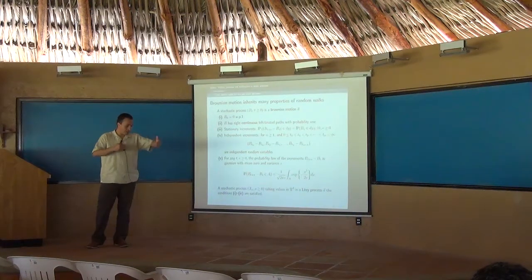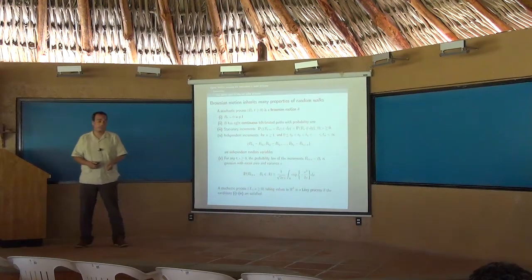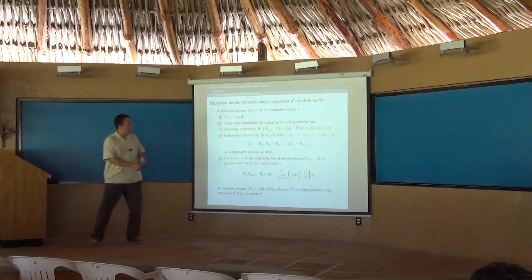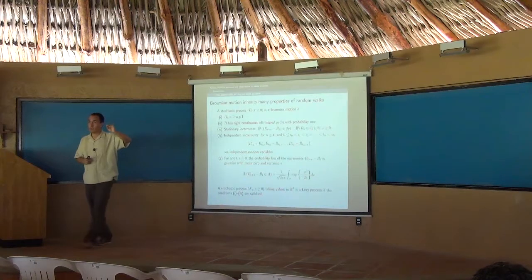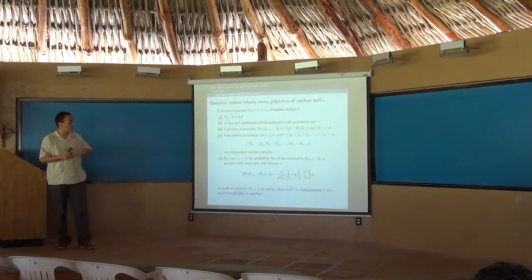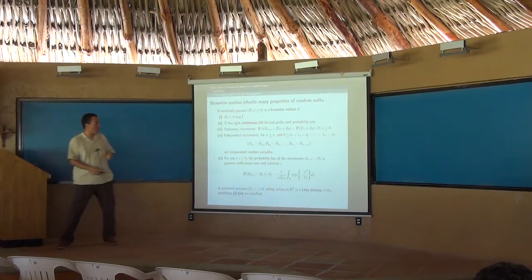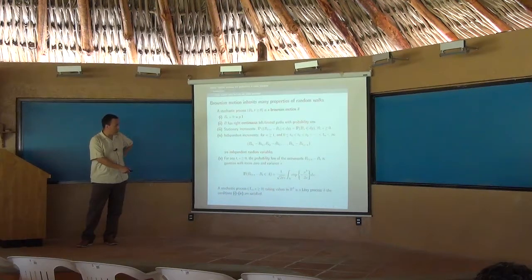So if we observe n increments, those random variables are independent. And furthermore, because this is an object that has mean 0 and variance 1, it has a distribution that is centered around the origin, and in fact it follows a normal distribution.